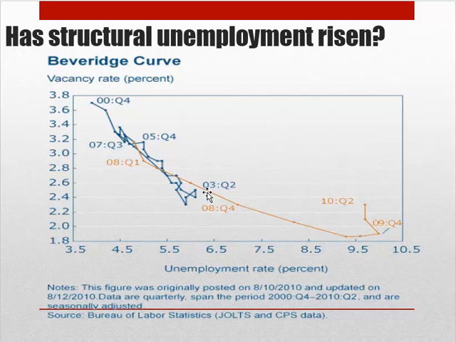And what happened in our most recent recession is that maybe some of these data points look consistent with our earlier line, but then we have some data points out here that really look not very consistent, where the unemployment rate's really high, and employers are apparently having a hard time filling the jobs, because the vacancy rate... employers are having a relatively easy time filling these jobs. And so we think here that maybe the structural unemployment rate has risen.